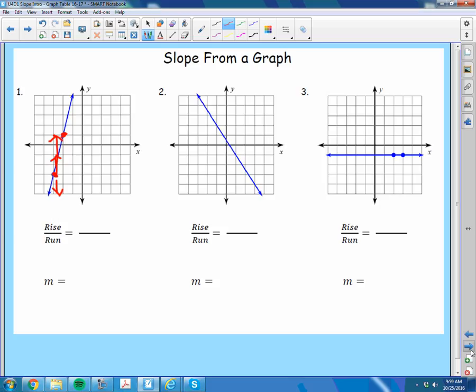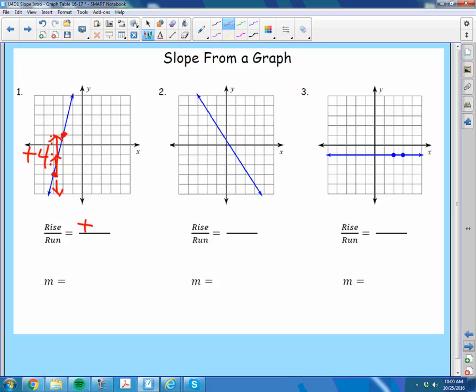No. You don't count until you're moving. So if you're counting here, you would go 1, 2, 3, 4, right? So let's try it again. 1, 2, 3, 4. So we rose 4.